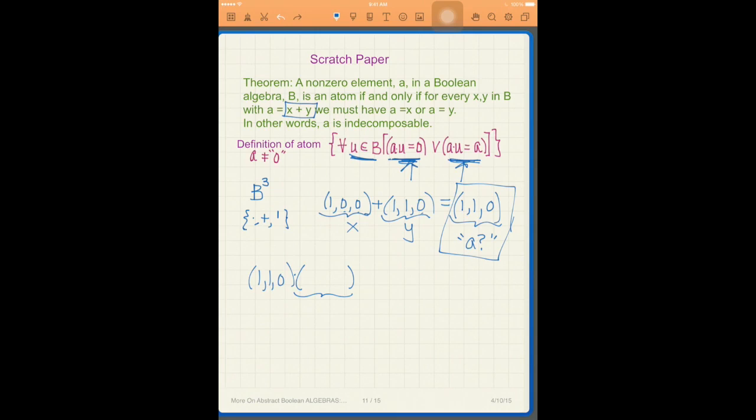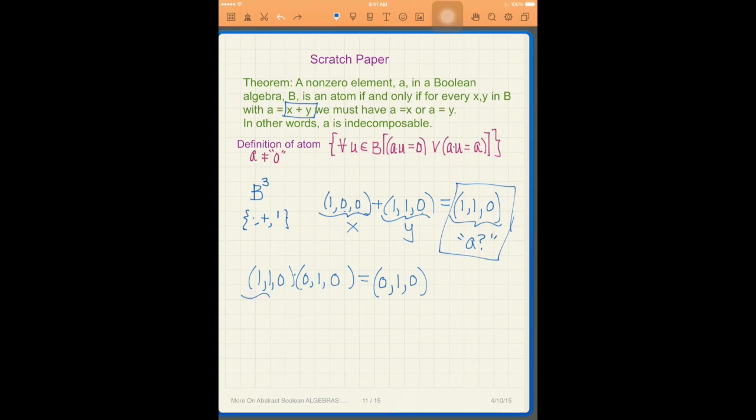But let me take something else like 0, 1, 0. Notice what happens when I do the multiplication here. So this is an and now. 1 and 0 is 0. Then do the next, 1 and 1 is 1. And then 0 and 0 is 0. Okay, so you can see that this is not matching up with the definition that's listed here for the atom, which we know is what needs to happen.